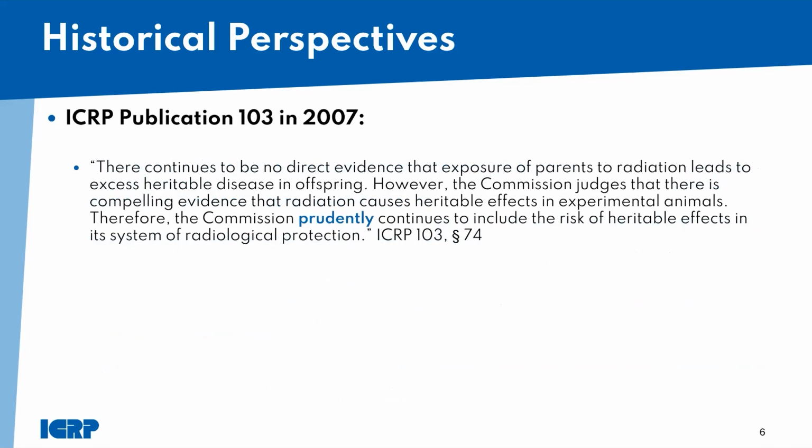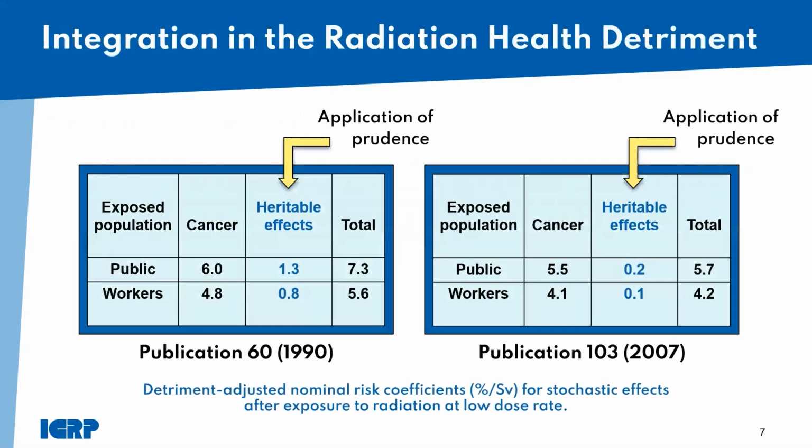And then, of course, we can check the evolution we discussed about publication 60. In publication 103, we clearly mentioned that heritable effects are embarked as a prudent attitude. So I will not go into more detail, but you have the key elements.